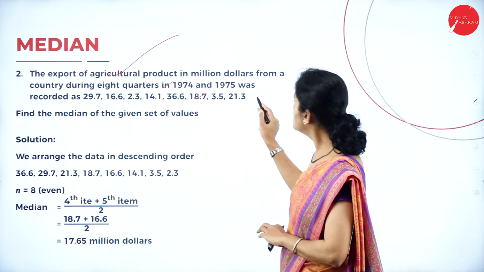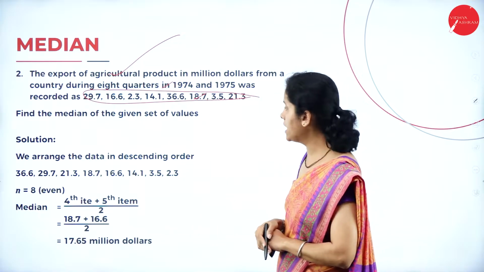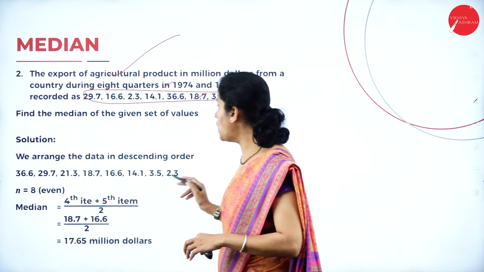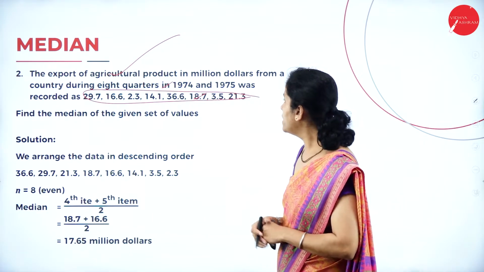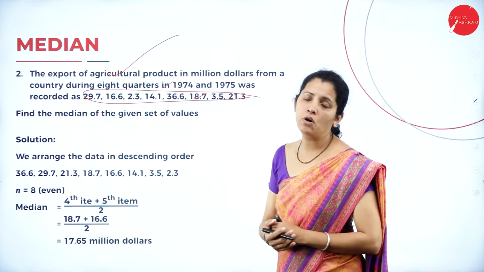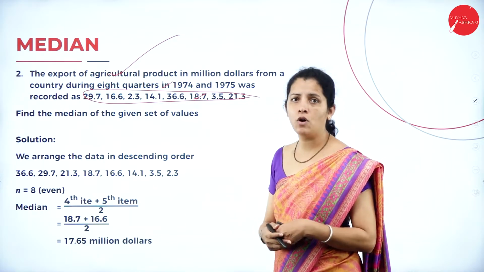This is the example for ungrouped data once again. What I want to do is align all the data in ascending order, or I can align the data in descending order.